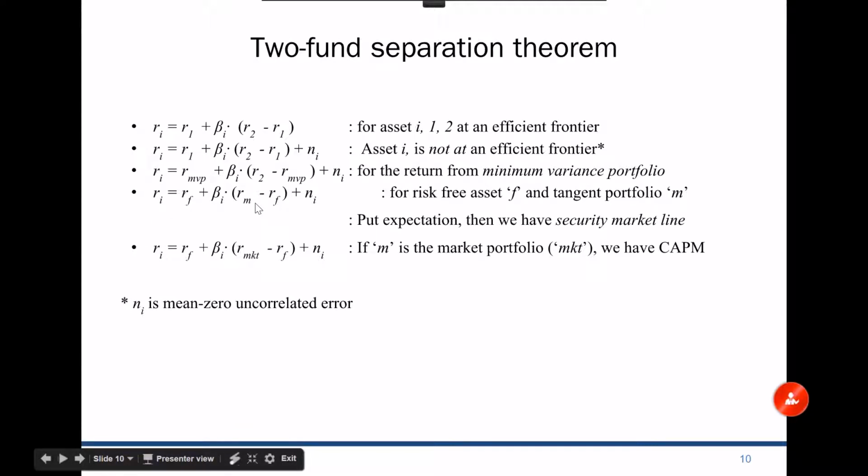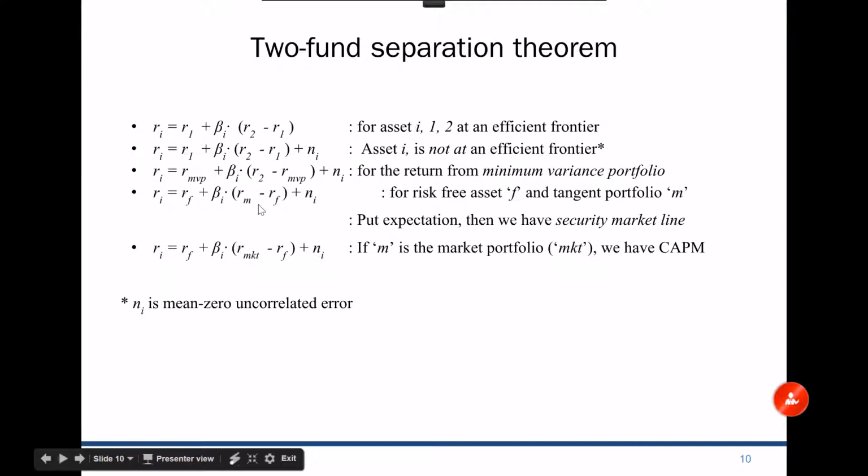Furthermore, if we use a portfolio called the market portfolio, I will discuss the market portfolio more later. If we change this efficient portfolio into the market portfolio, then it becomes this one, and it is the famous capital asset pricing model.